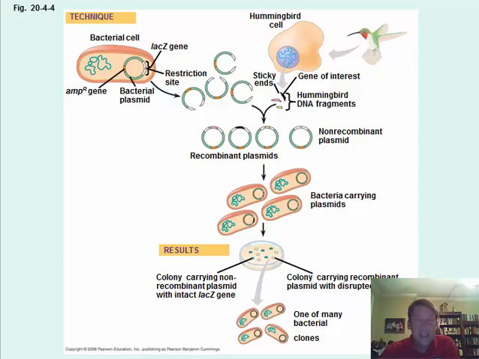This is called recombinant DNA, so recombining the DNA. There's other ways of introducing genetics into a new cell, or to get a gene of interest out of a cell, and then use it.